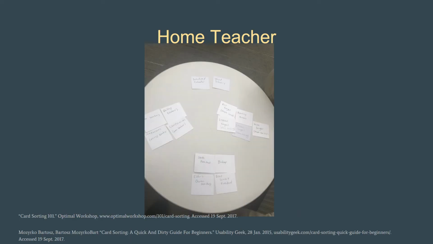The next person I talked to was a home teacher, and the home teacher, as you see at the very top, started with the schedule, calendar, and ward directory, and he felt like those should be easy access and be their own separate categories. He also delegated the two groups of home teachers and visiting teachers, but something he did different is he put the reporting numbers in with those groups too.